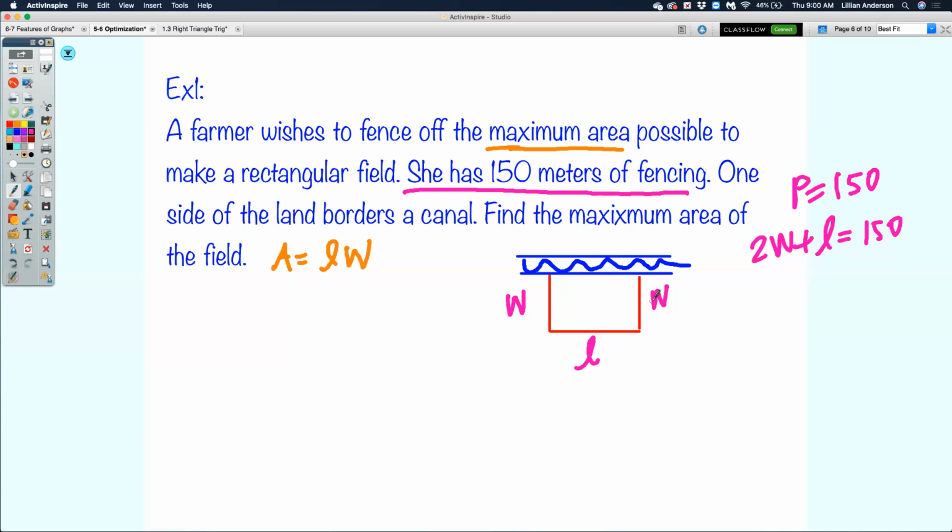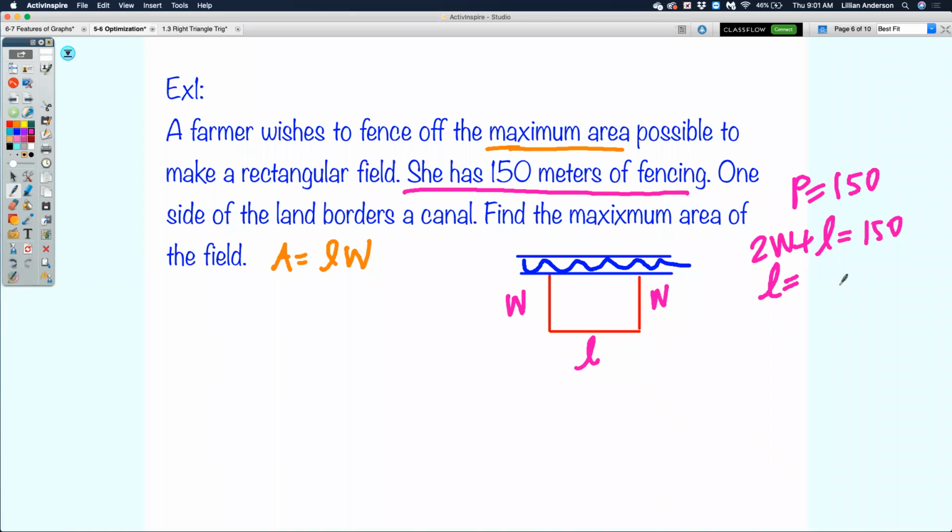Yes. Okay. So this other equation, the one I've written in pink, is the equation that we're going to use to solve for one of our variables to plug into the equation that we're trying to optimize. So what variable do you want to solve for in this 2W plus L equals 150 equation? We can solve for L and then substitute what we get into the area formula.